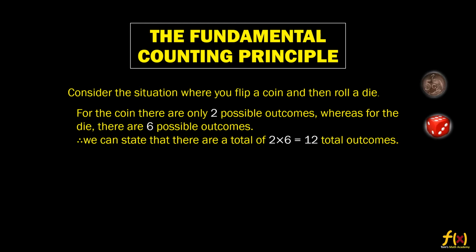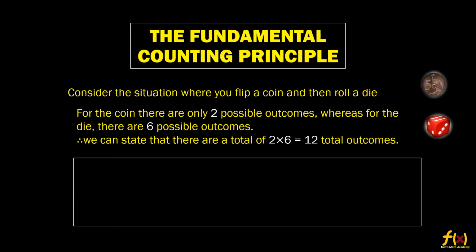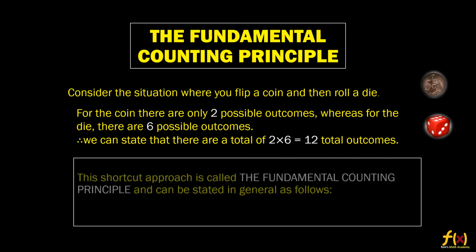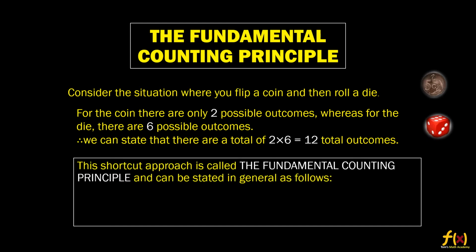Now, we can state that there are a total of 2 times 6 equal to 12 total outcomes, because these 2 events are independent. 2 times 6. Now, this shortcut method is known as the fundamental counting principle.